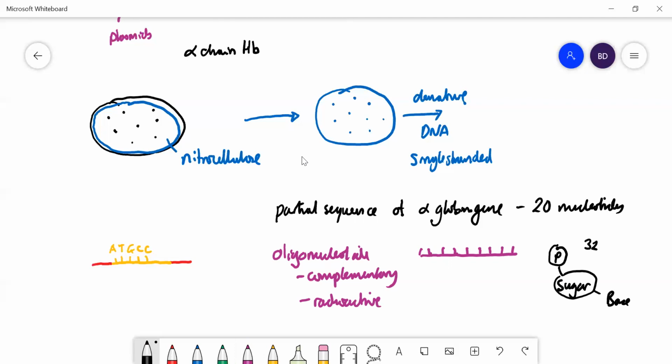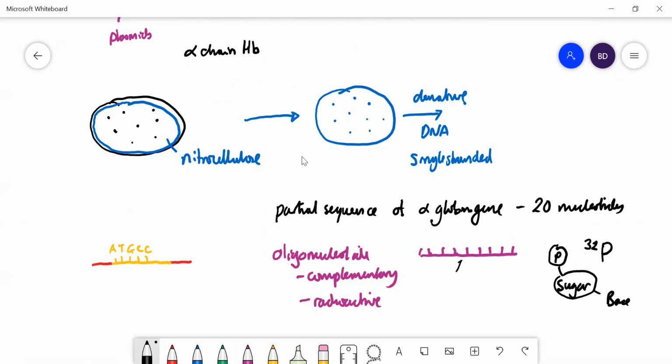Normal phosphorus is 31. Use 32P phosphorus, which is radioactive. It's a beta emitter. More recent methods, instead of using radioactive phosphate, use a fluorescent tag on the nucleotide, and that's safer for the people who are working with it. But the original way was to use 32 phosphate, which is radioactive.